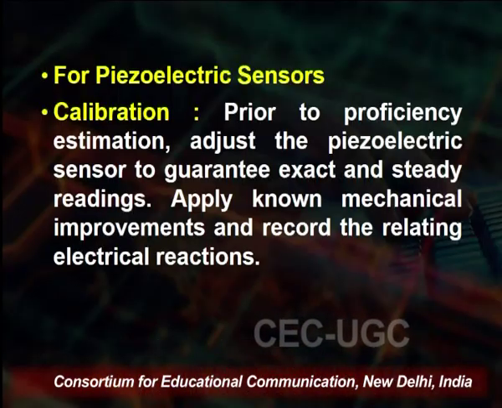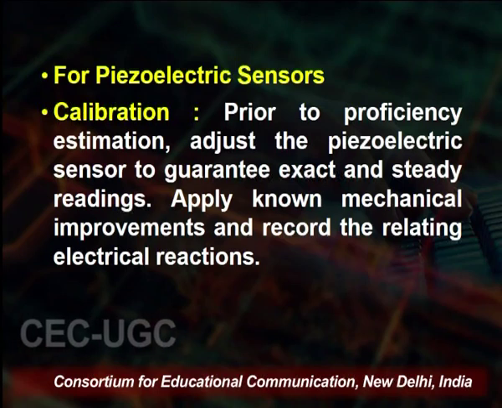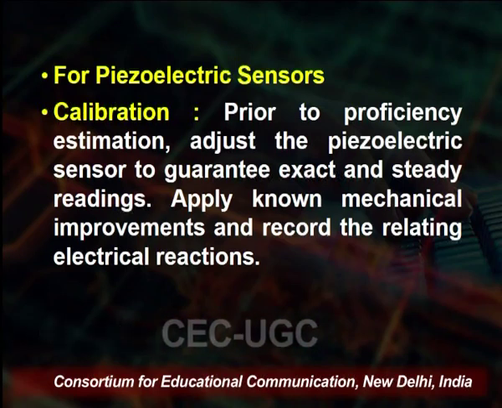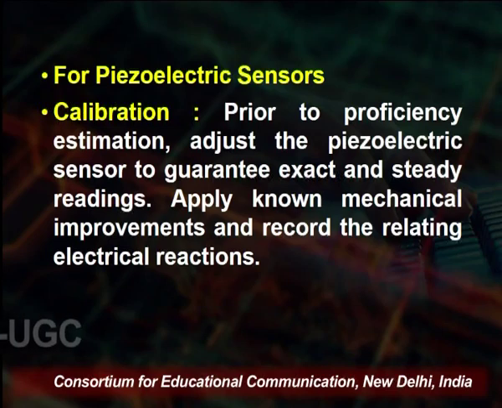First is calibration. If we talk about piezoelectric sensors, then calibration is important. Prior to the efficiency measurement, adjust the piezoelectric sensors to give exact and steady readings. So apply a known mechanical stimulus and record the corresponding electrical responses in the form of calibration.